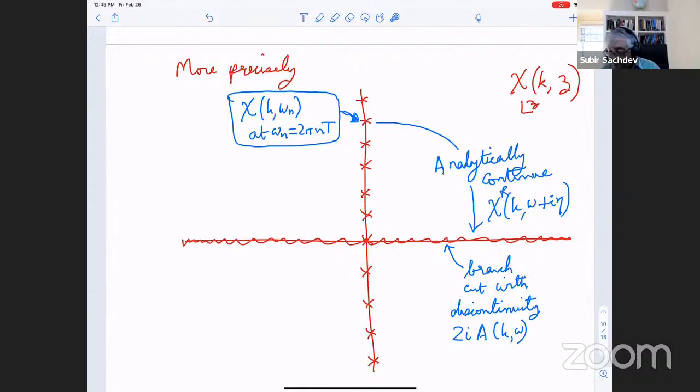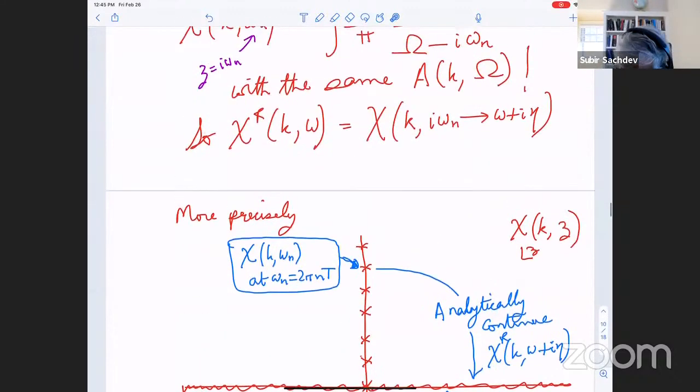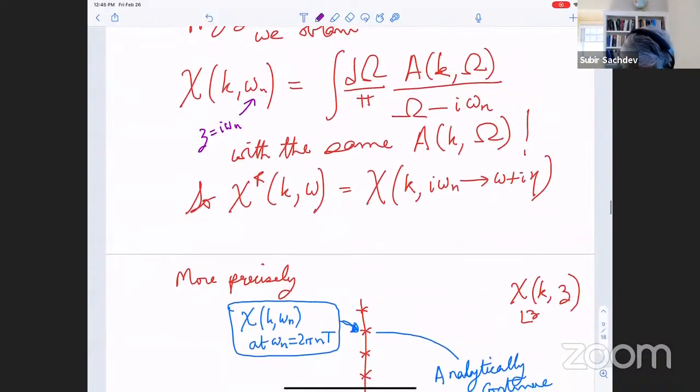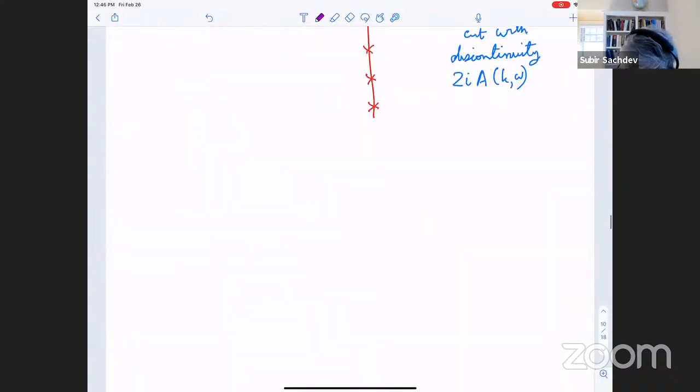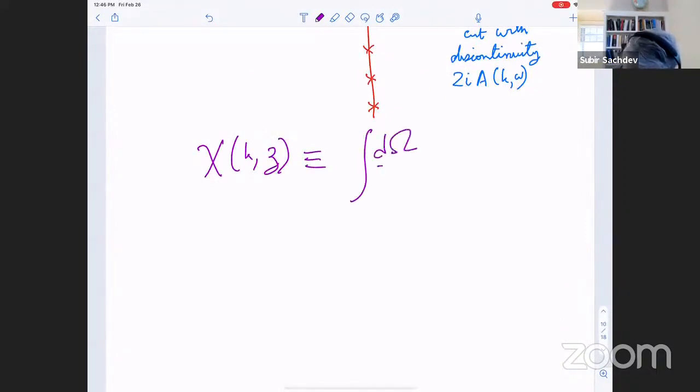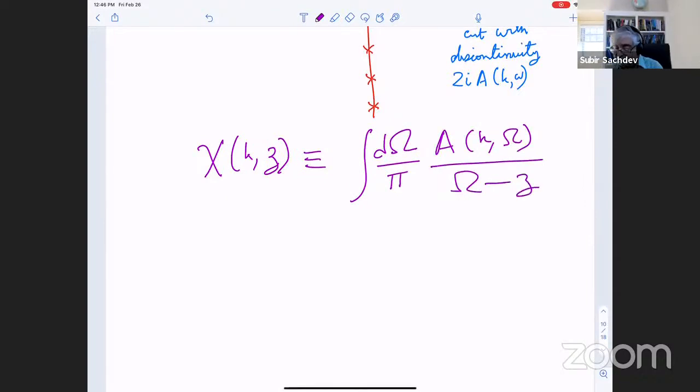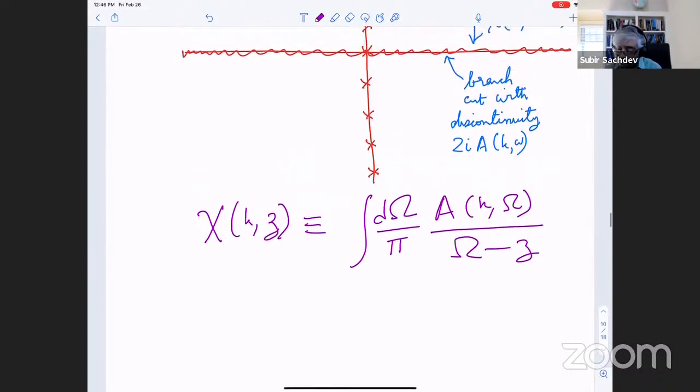Another important point worth mentioning here is the complex structure of this density response function. If I now define chi of k and z to be the following function in the complex plane, the integral of d omega over pi, A of k and omega, over omega minus z, the so-called Hilbert transform, then for any complex z, I can work this out.